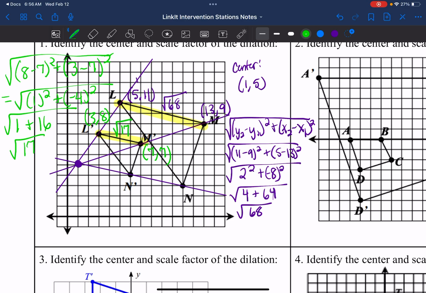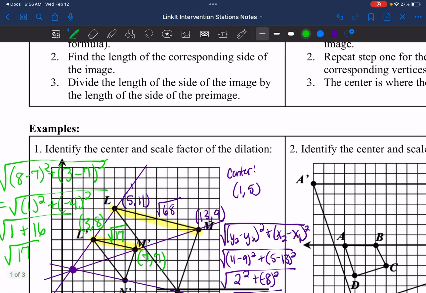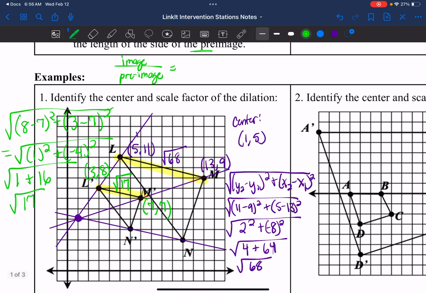The rule says that I'm going to divide the length of the side of the image by the length of the side of the preimage. So it's image divided by preimage. I know that L prime M prime is the image because it has those apostrophe symbols. So I'm going to have the square root of 17 over the square root of 68 for the preimage.